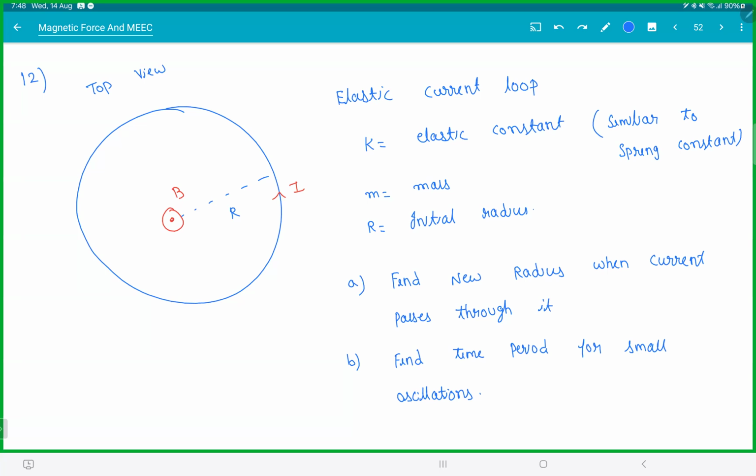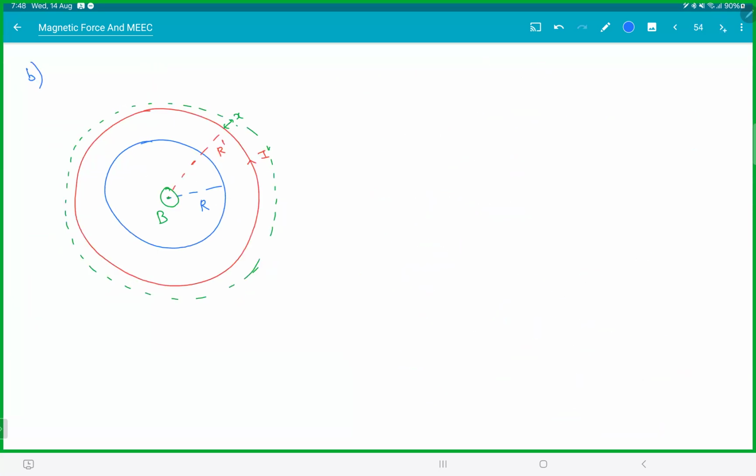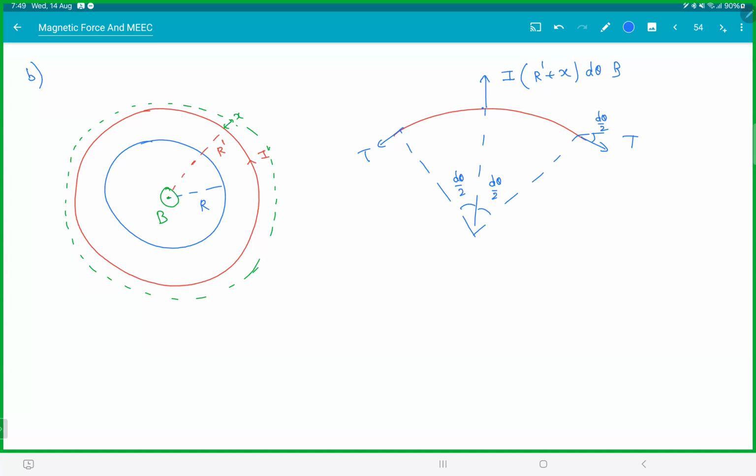See, the idea here is, when you pulled it a little, now the tension T, now this force will become how much? I into R dash plus X d theta into B. This is also d theta by 2.